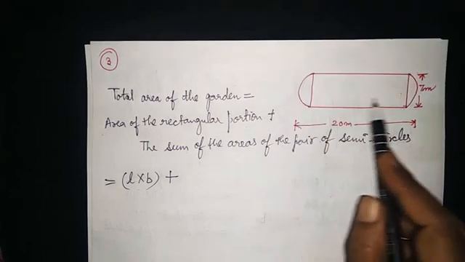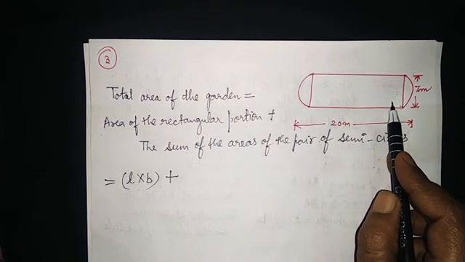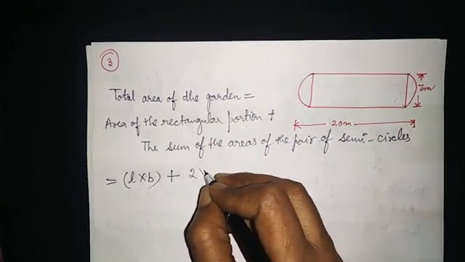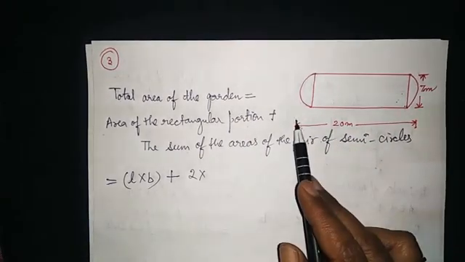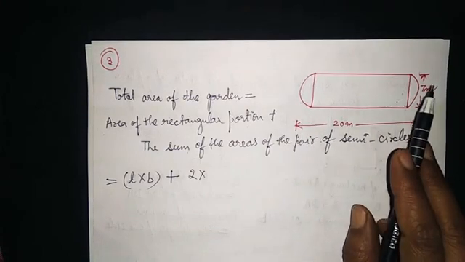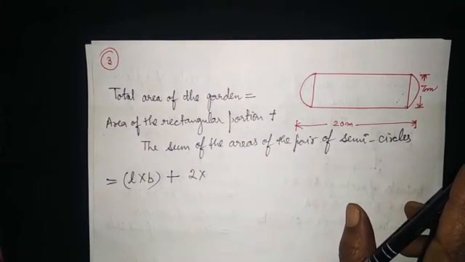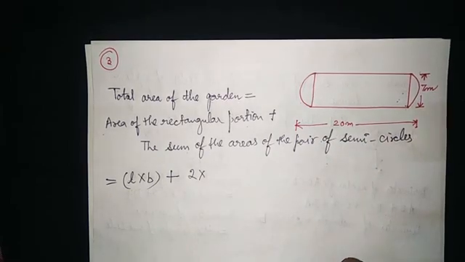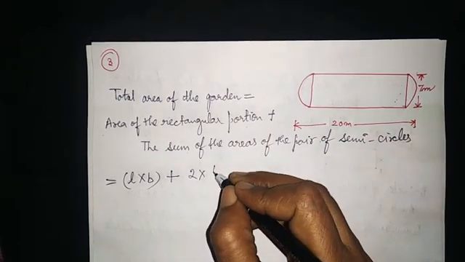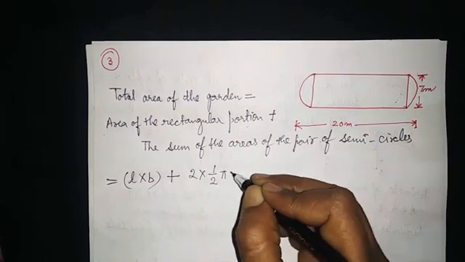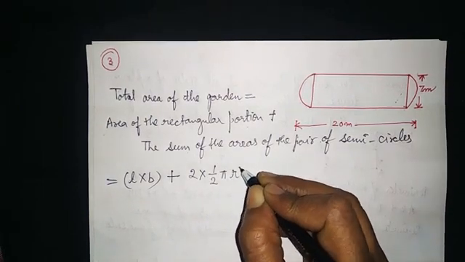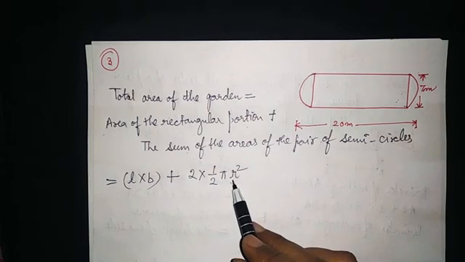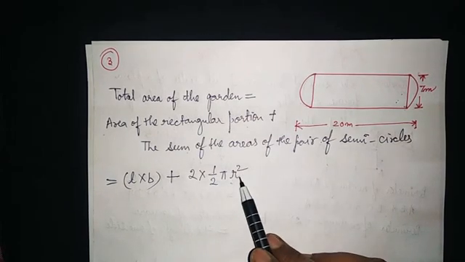Two semicircles means 2 multiplied by the area of a semicircle. The area of a circle is pi r square, and the area of a semicircle will be half pi r square, where r is the radius.